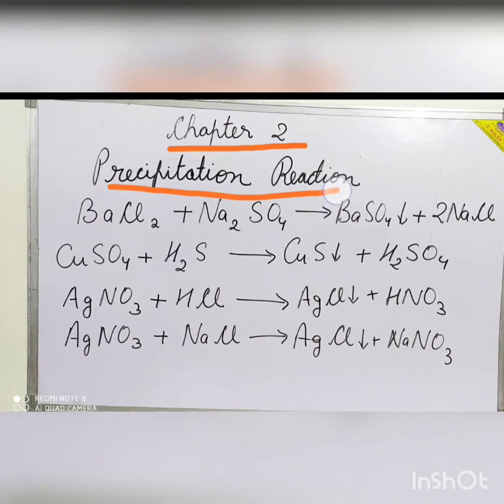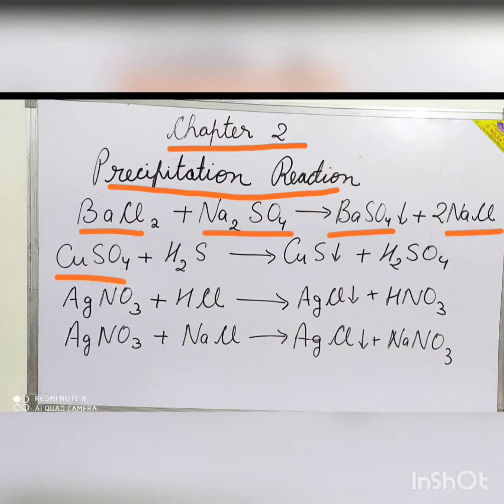Precipitation reactions. A chemical reaction in which two compounds in their aqueous state react to form an insoluble salt, that is a precipitate, as one of the products is known as a precipitation reaction. For example, barium chloride reacts with sodium sulfate to form barium sulfate, which is a white precipitate, and aqueous sodium chloride.